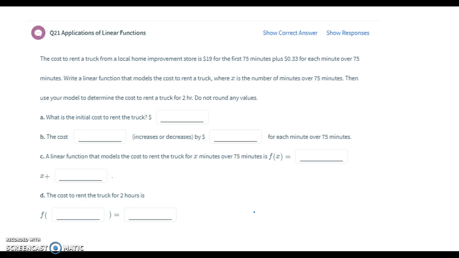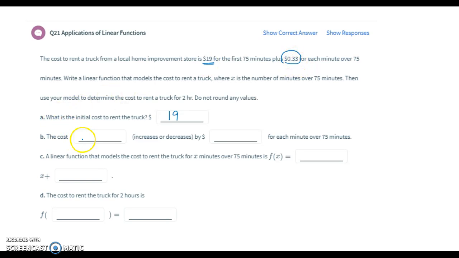So the initial cost to rent the truck is this initial $19, right? And so we're going to have our $19 for the initial value. And the cost per minute over that is 33 cents.